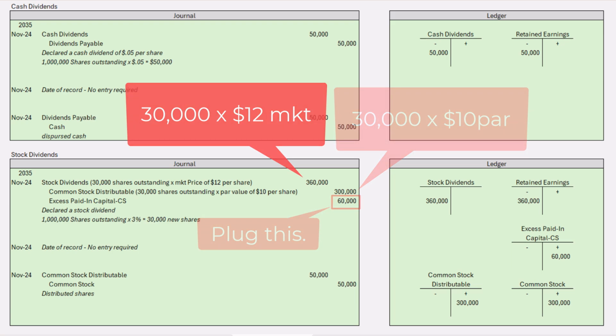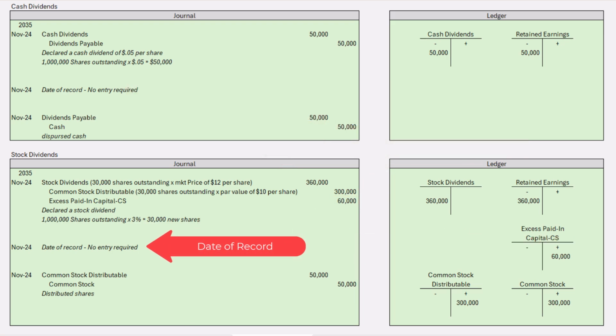We will also have a date of record, which means that at the end of the day, when the stock market closes, we have to create a list of who owned the stock so that we can give them more. And in this example, we're giving a 3% stock dividend, which is 30,000 new shares.